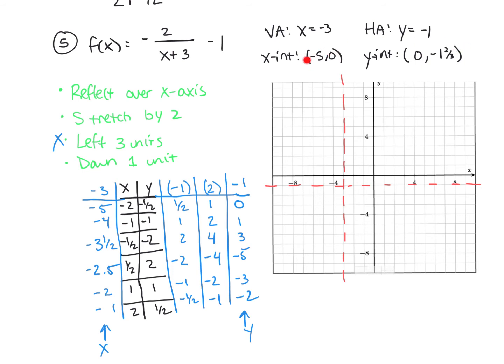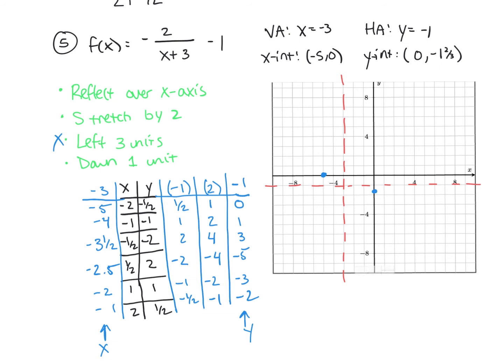I also want to make sure that our intercepts are graphed. So we'll have (-5, 0) right here. And we'll have (0, -1 2/3). I'm not going to be able to tell the difference with my human eyeballs between -1 1/2 and -1 2/3. So I just know it's supposed to be closer to -2 than -1. I'm going to say that's about right.